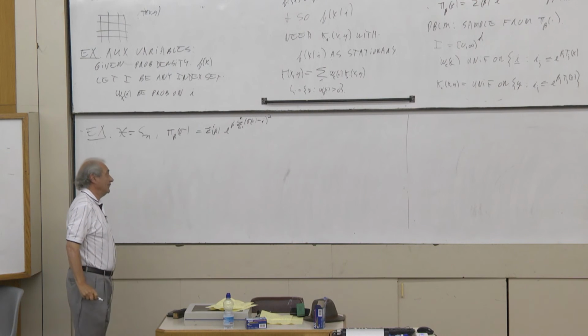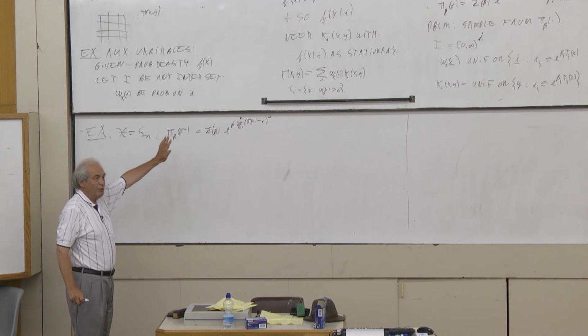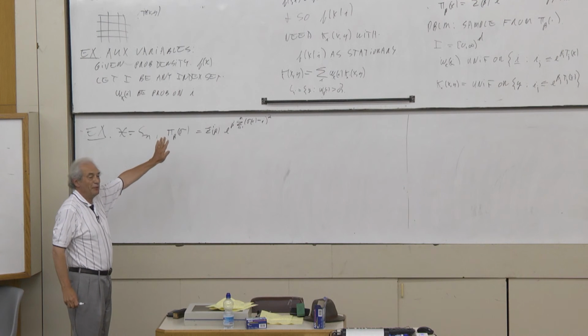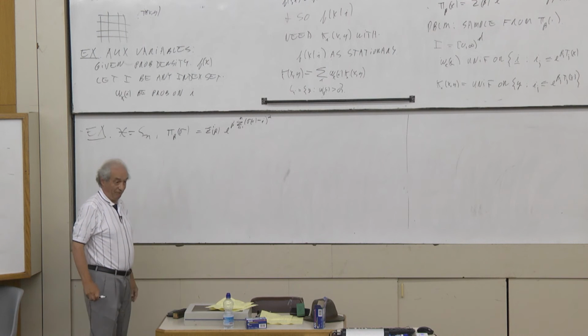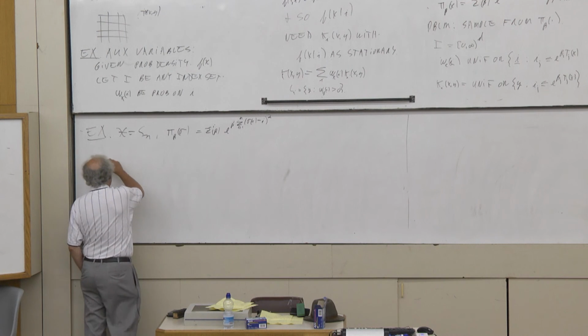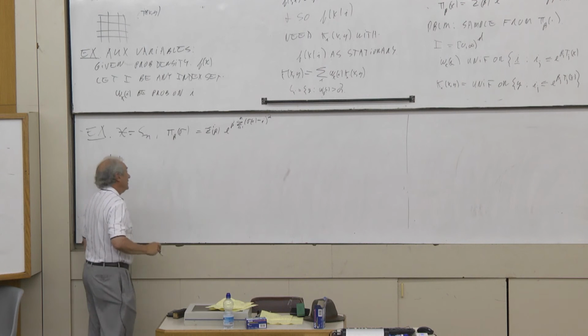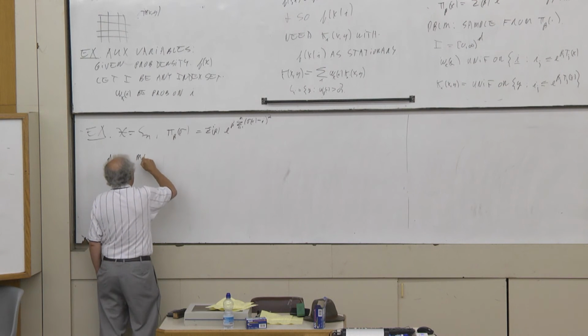If I write that down, that puts a probability distribution on permutations. There it is. Now our d is 1. And this is called Mallows' model.